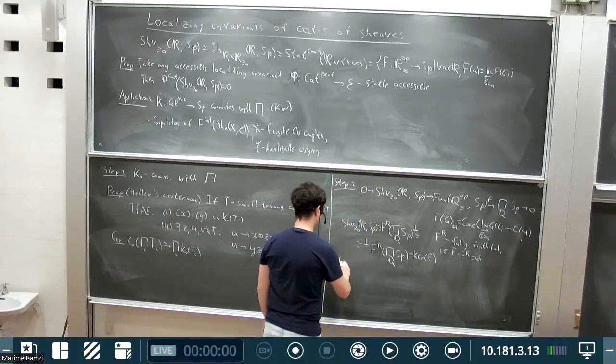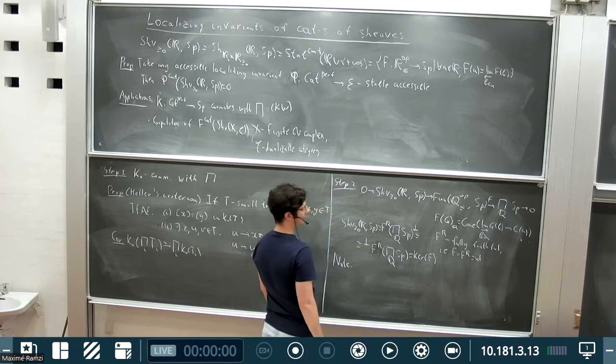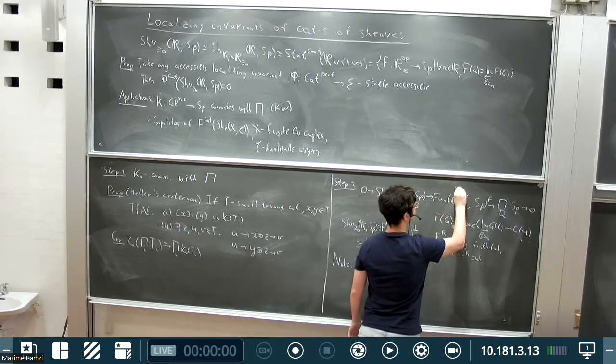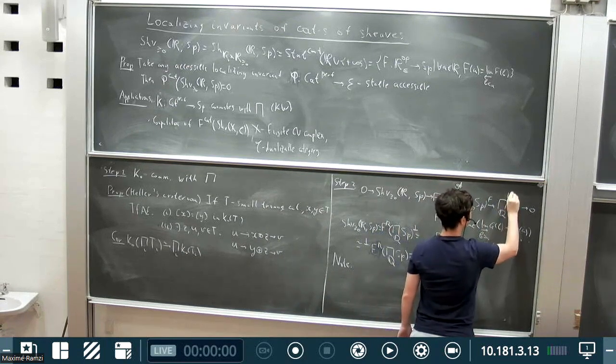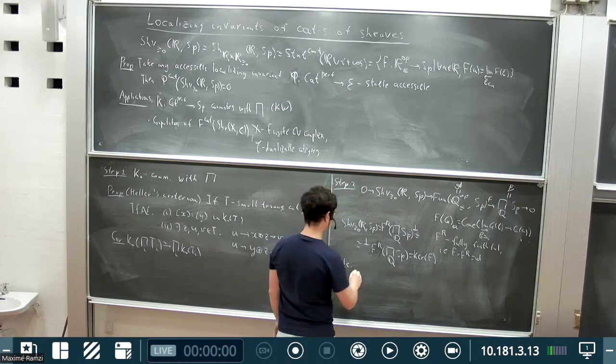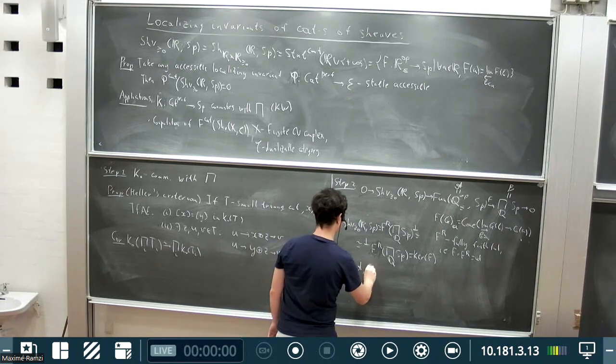And you can observe that this category, let's call it A, this is B, and you can observe that A and B are, of course, compactly generated.